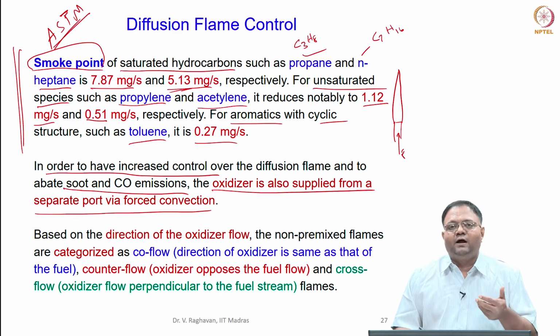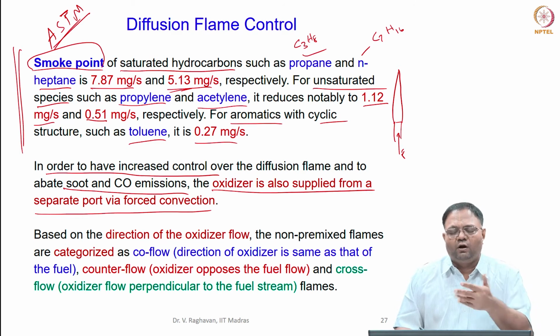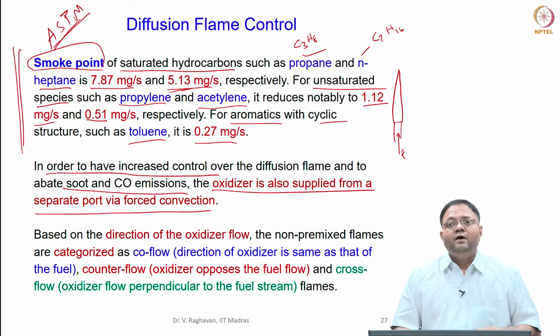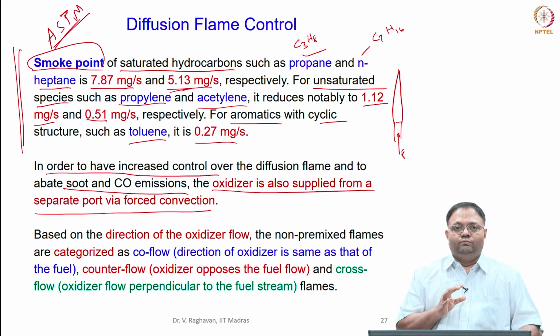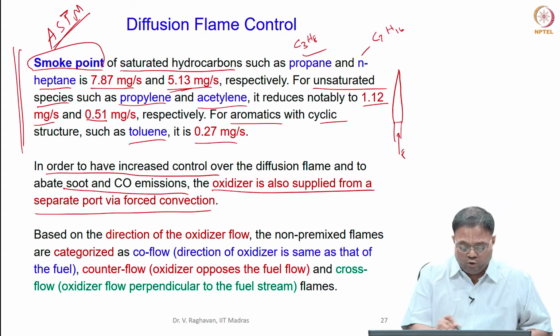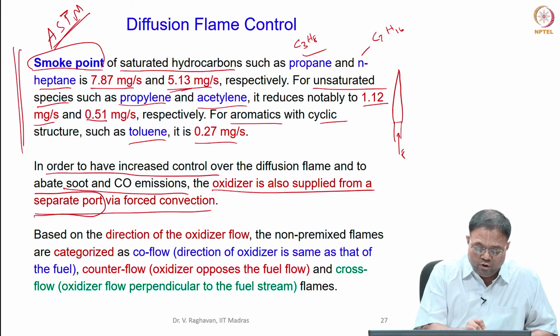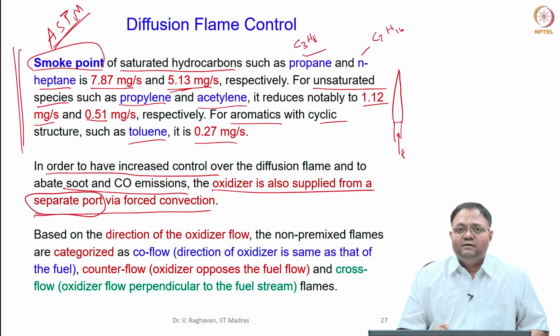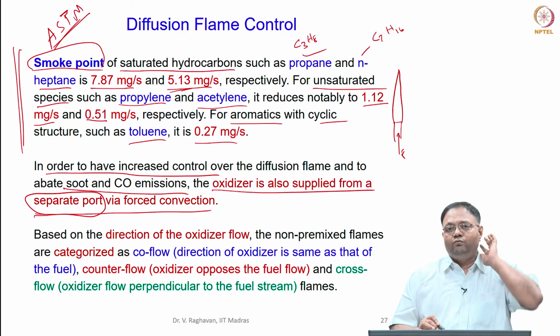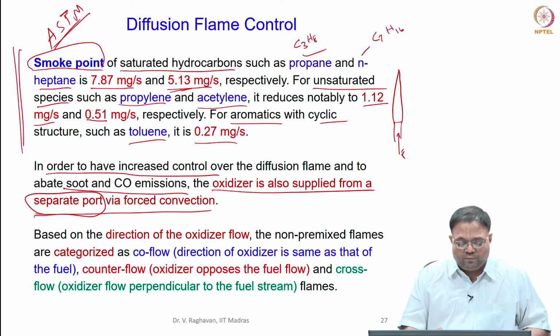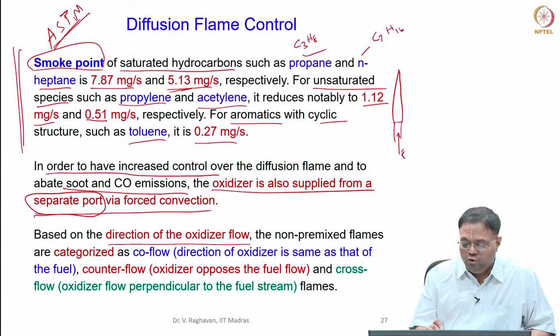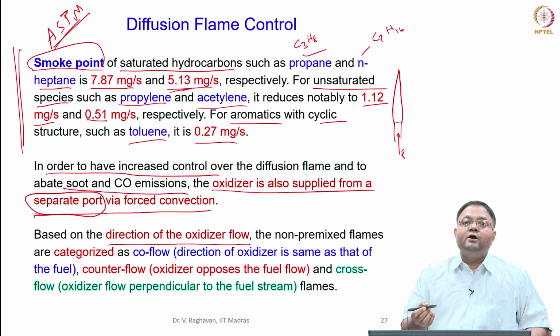So in order to avoid that, in industrial furnaces or domestic cookware especially, we will not allow the mixture coming out of the fuel port to be flammable, but additional ports will be engaged to supply oxidizer. So separate ports will be engaged for oxidizer supply, and that will be done through forced convection.